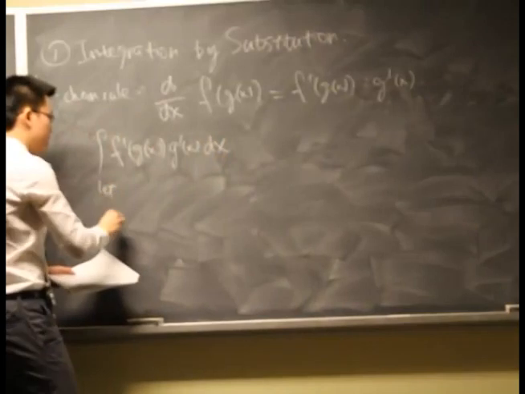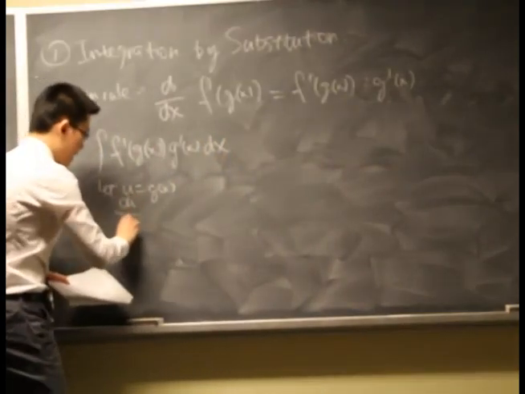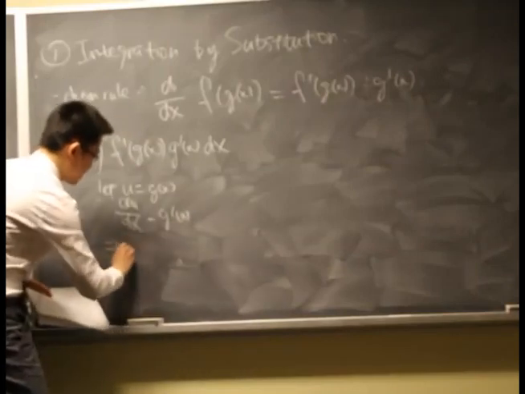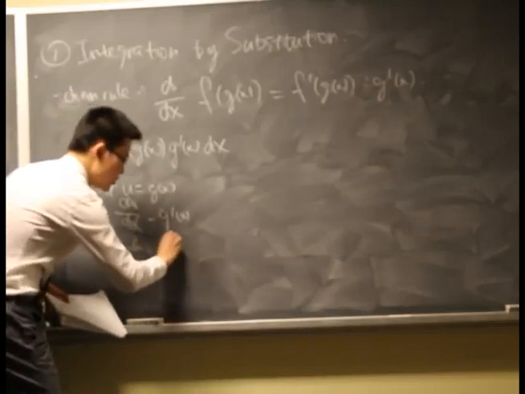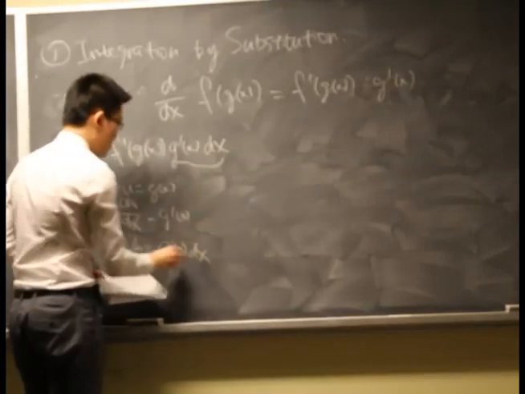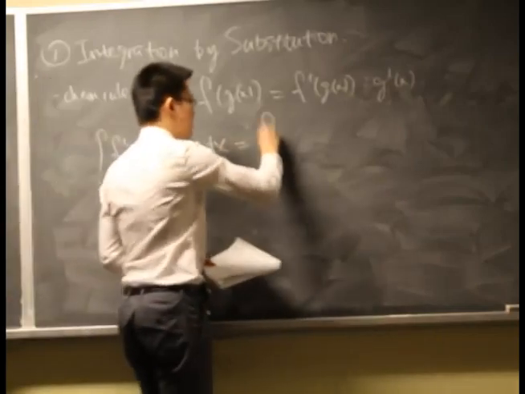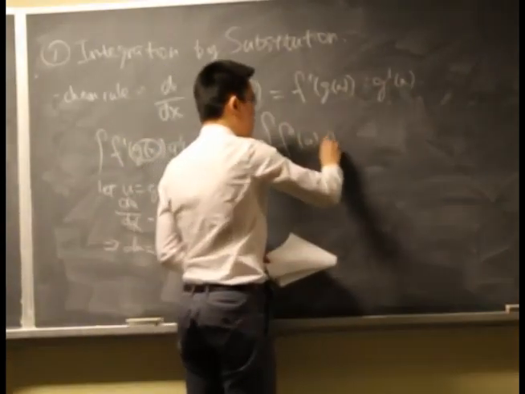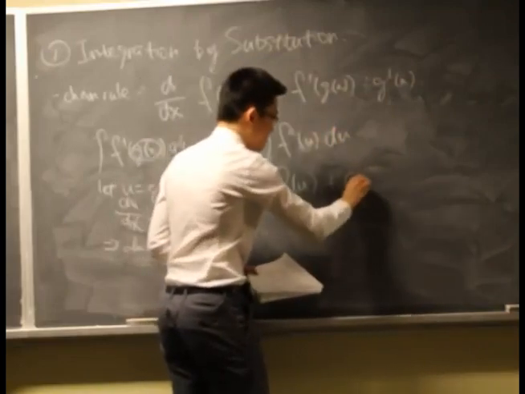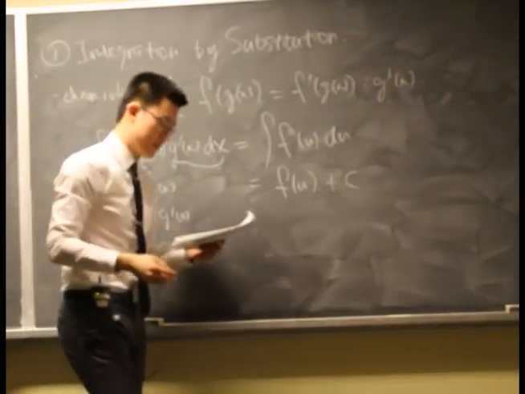If we let u equal g of x, then du over dx is g prime of x. This implies that du is equivalent to g prime of x dx. So we have this part right here, which is essentially the derivative of what's inside of this function. And then this integral translates to the integral of f prime of u du. And that will give us f of u plus C. So that's the basis of integration by substitution.